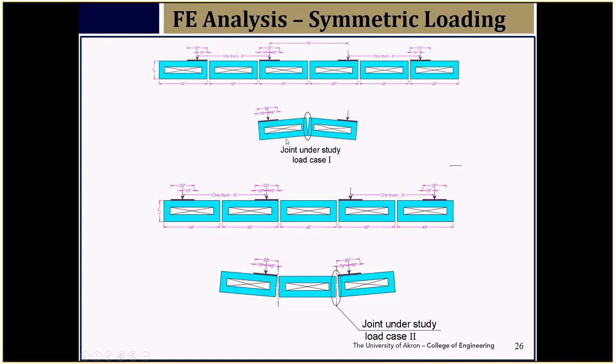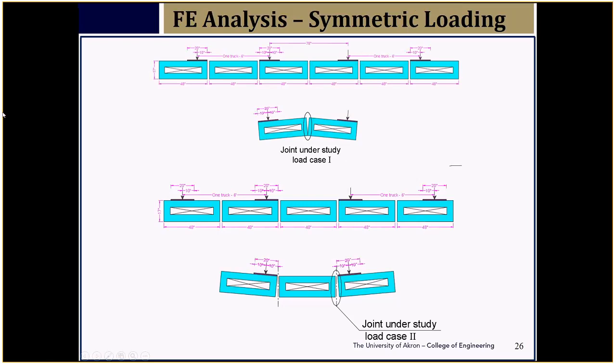So if the wheel load is arranged in such a way that two boxes, adjacent boxes, are rotating away from each other, that will cause tension at the top. So that can be a critical load case because that's where the cracking will start.